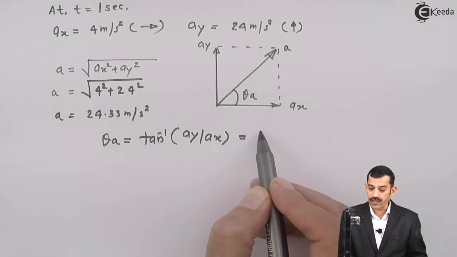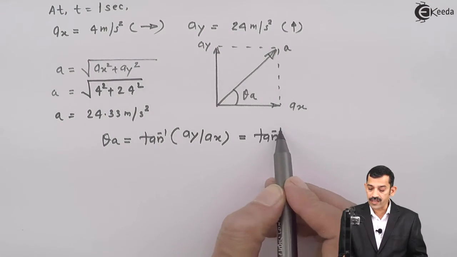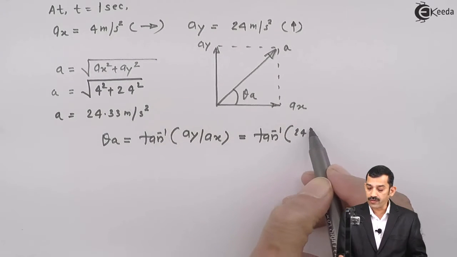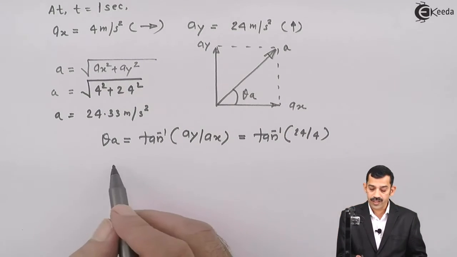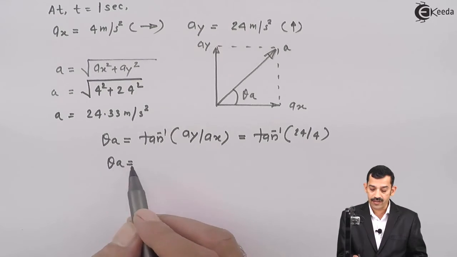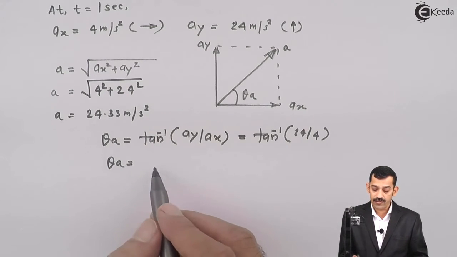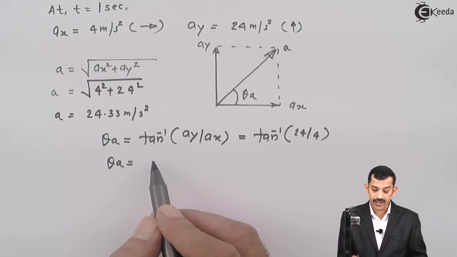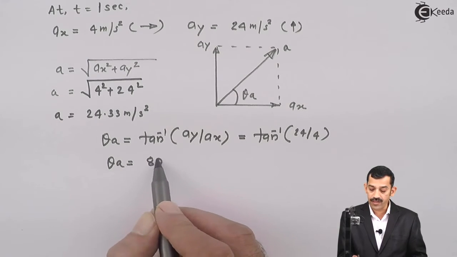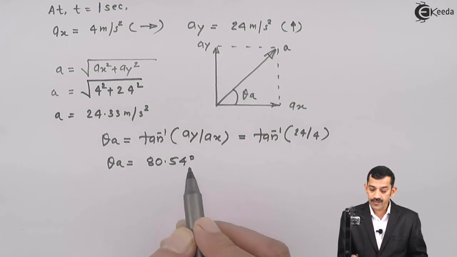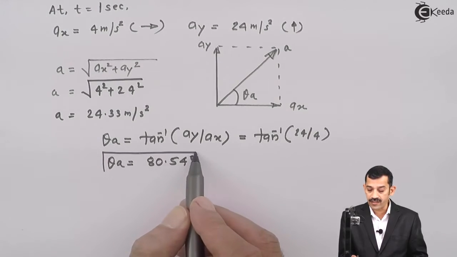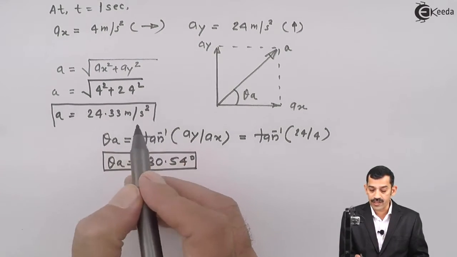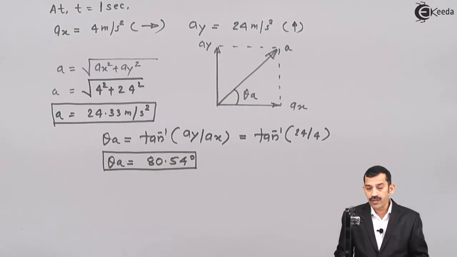Substituting the values, tan inverse of 24 divided by 4. Using a calculator, this angle theta a comes out to be 80.54 degrees. Now you are getting the resultant acceleration in magnitude and direction, and the resultant velocity also in magnitude and direction.